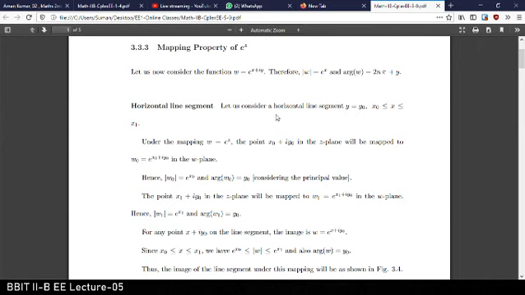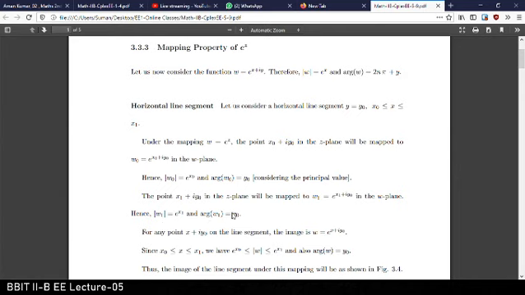Now consider the first point, the starting point P. At the point P, the value of y is y0 and the value of x is x0. So as per the mapping, the modulus of that image w0 is e to the power x0, because it is x0 there, and the argument is this one.